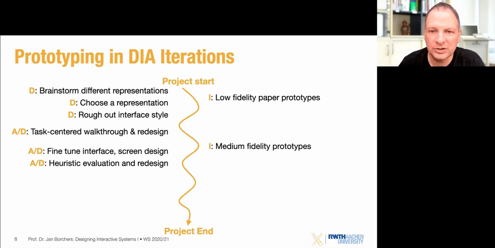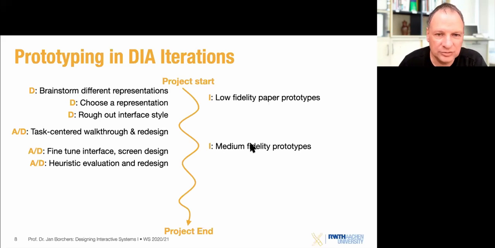All of these things will mean something to you in a few weeks when we've gone through all these techniques. And we'll be doing this around medium fidelity prototypes, so they might still be on paper, but maybe a little advanced, or maybe they are a PowerPoint slideshow that you click through with screens, for example.